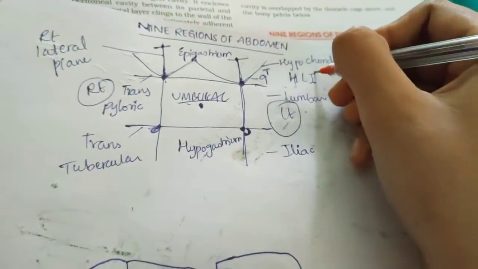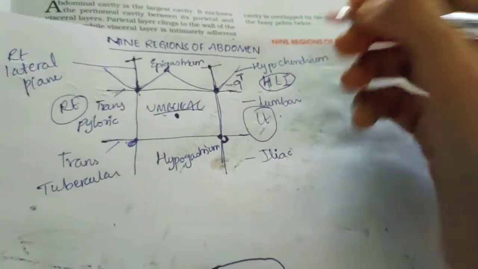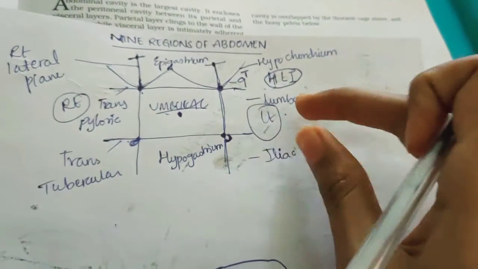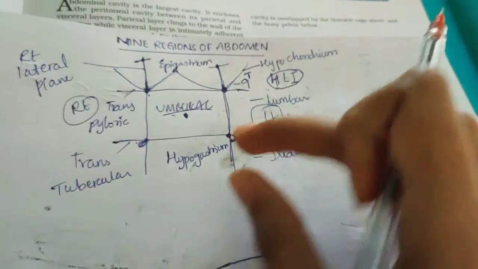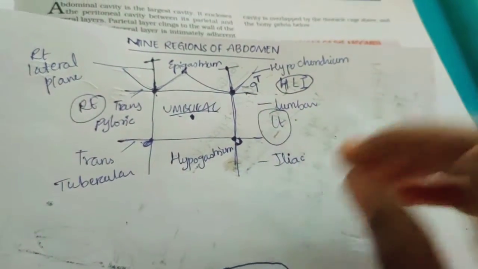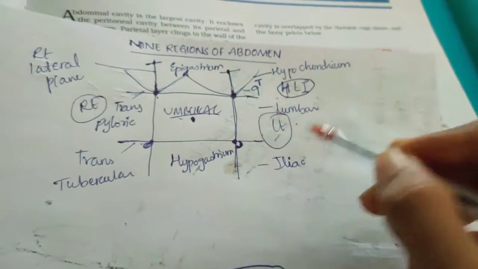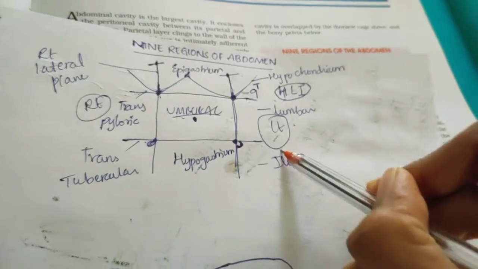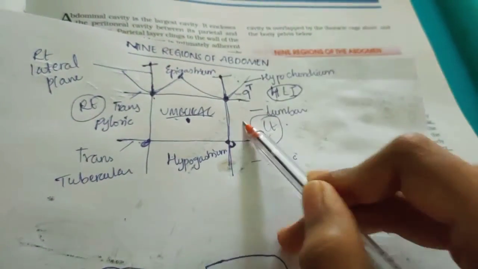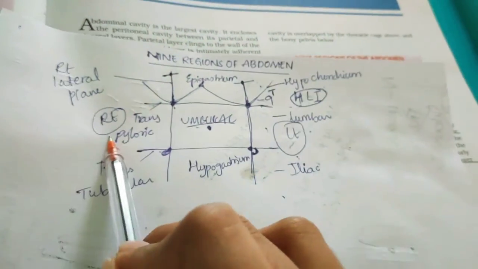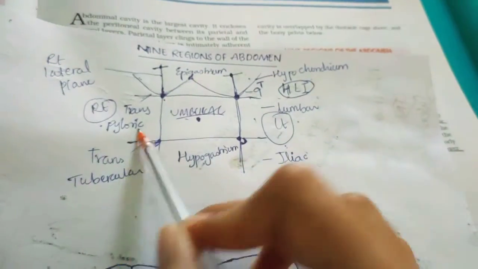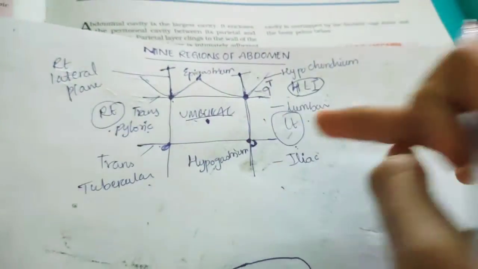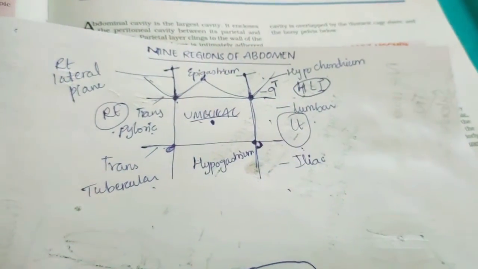Even if you don't remember this, it's okay, because the side of the umbilical region is nearer to the lumbar region, and the iliac is nearer to the iliac region, like that. This HLI is also the same on the right side. On the left side you call it left hypochondrium, left lumbar, left iliac. On the right side you call it right hypochondrium, right lumbar, right iliac. That's it. By this simple 4-stroke diagram, you can clearly understand the 9 regions of abdomen.